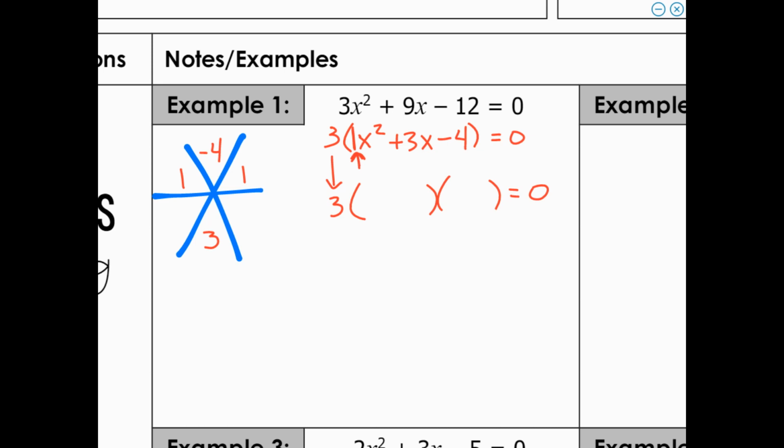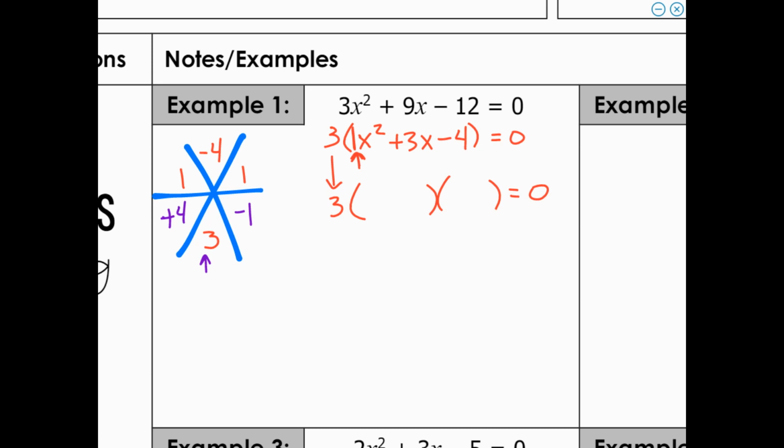No, so it's +4 and -1. Because my bigger number should be whatever sign my bottom is. And that's always true, even when they're the same sign, technically, right? Your bigger number is always going to be the same sign as the bottom.